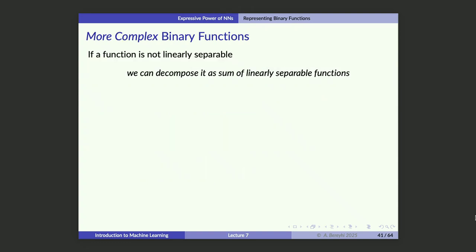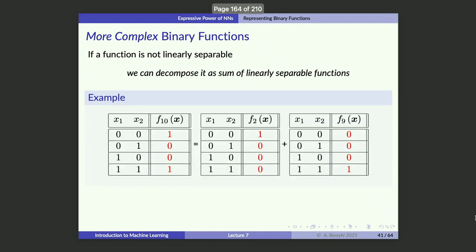If I have any binary function, I am going to write it down in terms of a truth table, right? And I can just look at those entries which are 1 at the output of that truth table, and then I sum it up in form of those subfunctions. So what do I mean? Look at this function f10. This is the 10th function if you follow what I did in the previous slides, right?